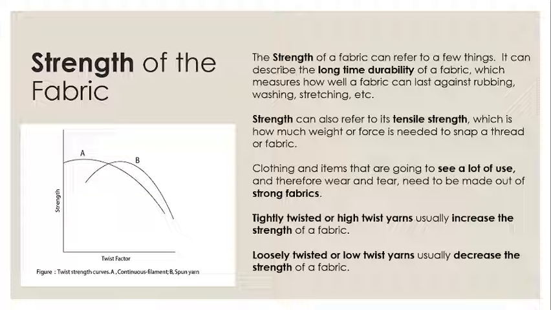General wear and tear. Items that will see a lot of that need to be made out of strong fabrics. Tightly twisted or high twist yarns are usually stronger and make stronger fabrics. Loosely twisted yarns or low twist yarns usually decrease the strength of a fabric.